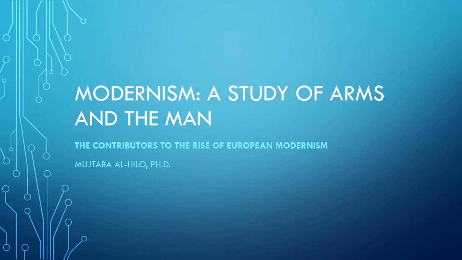of European modernism. First, we should know what contributed, or who contributed to the rise of European modernism. Why do I say European modernism? Because modernism differs from country to country, from continent to continent, from culture to culture. As a person from Iraq, I know that the features and elements of modernism that appeared and rose in Europe are completely and entirely different from those of the Arab culture, of the Arab world.